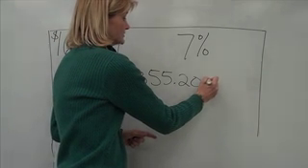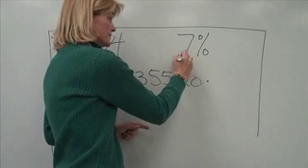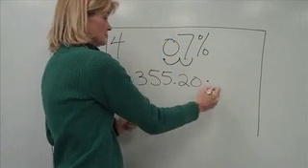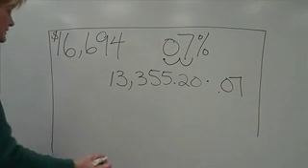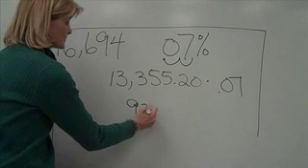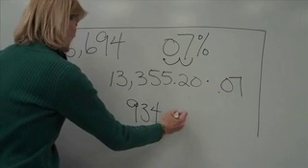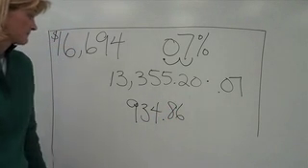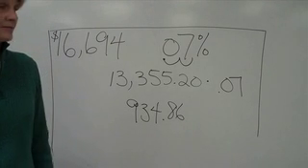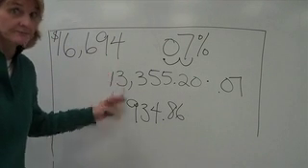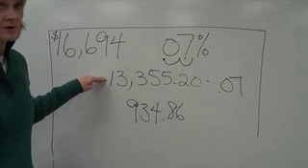So we can multiply this by 0.07, and we will get $934.86. That is the tax.